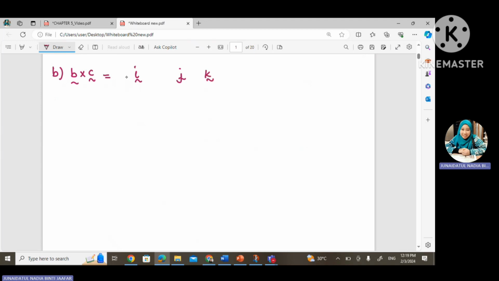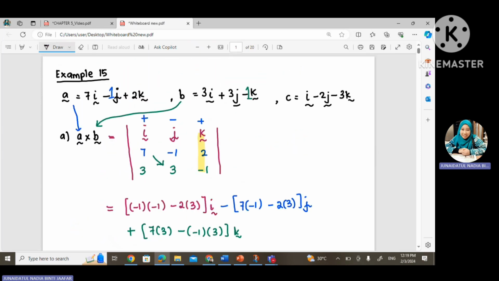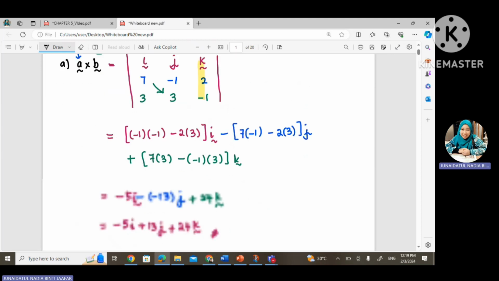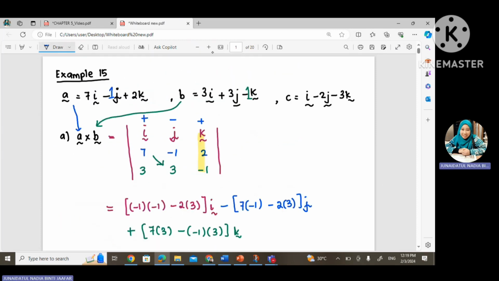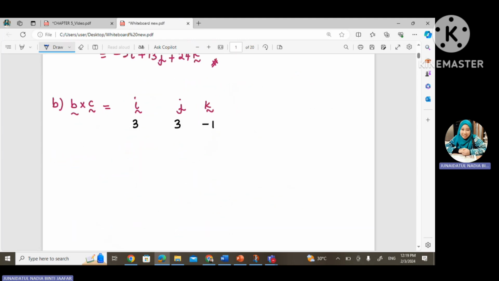So we have i, j, k, and then we first substitute the values of vector B: 3i plus 3j minus 1k. And then for vector C, we have i minus 2j minus 3k.